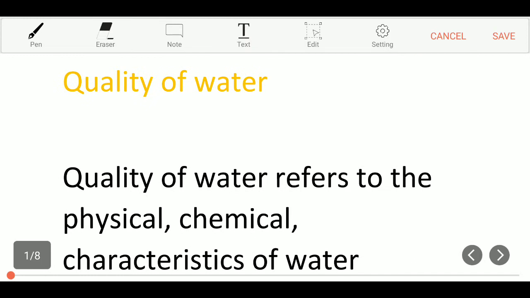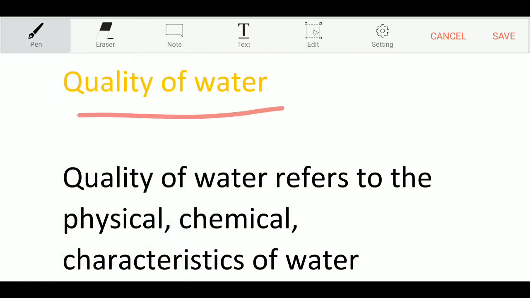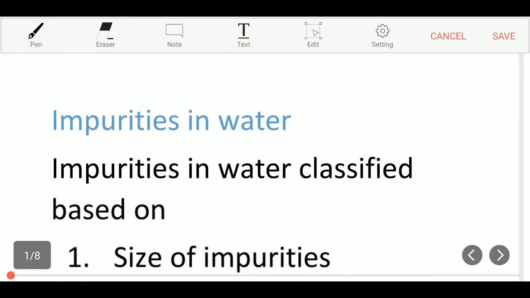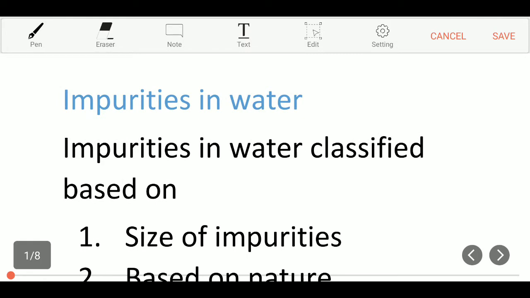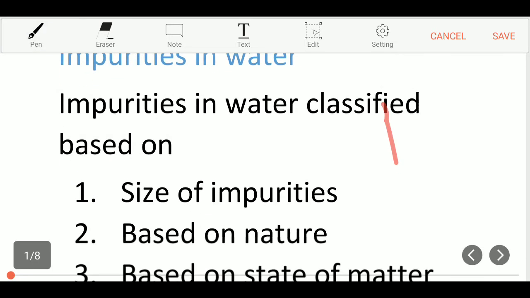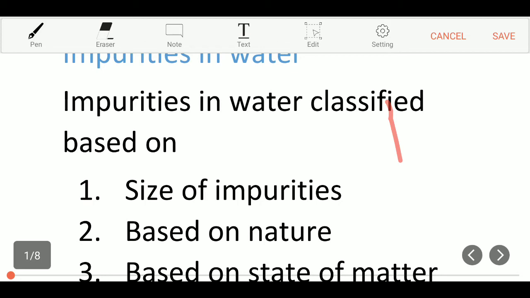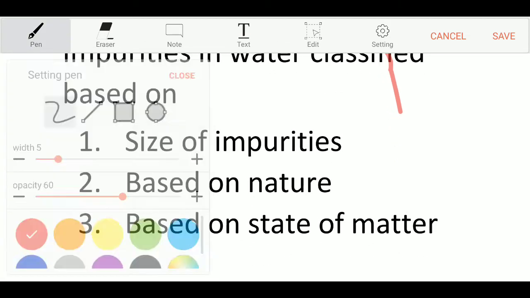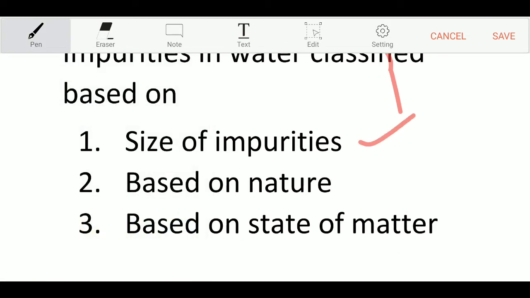The quality of water: the impurities are classified as follows. The impurities in water are classified based on size of the impurities, that means macro size or micro size.